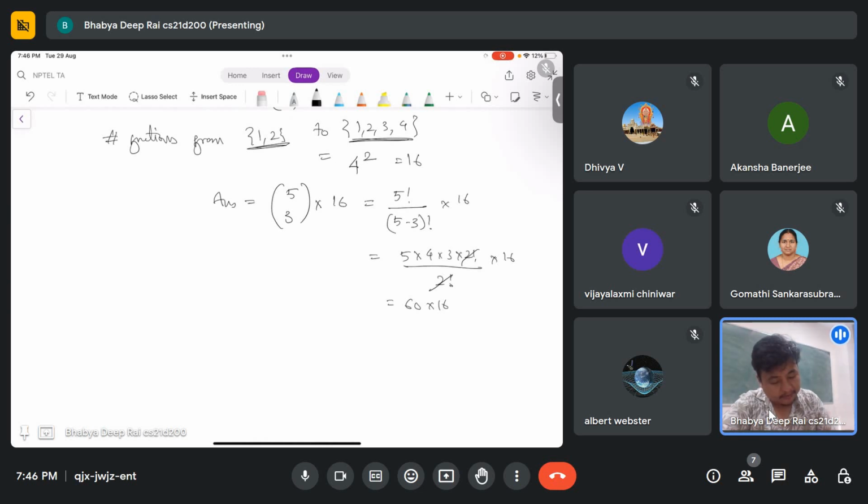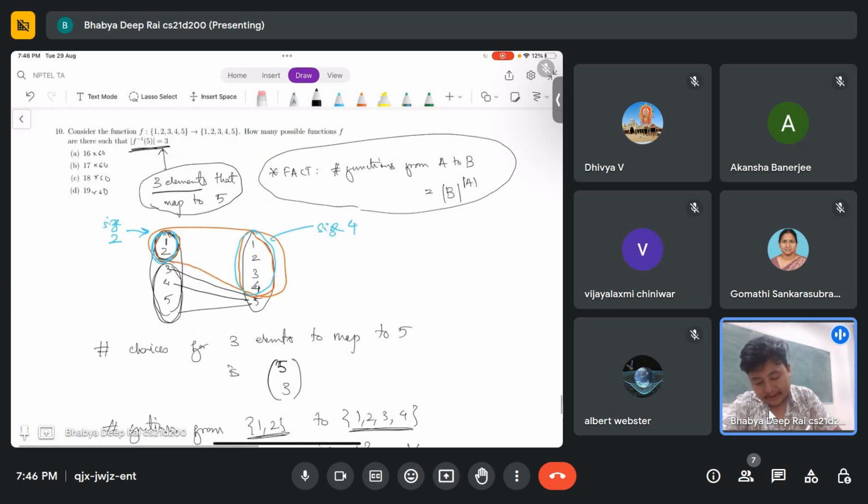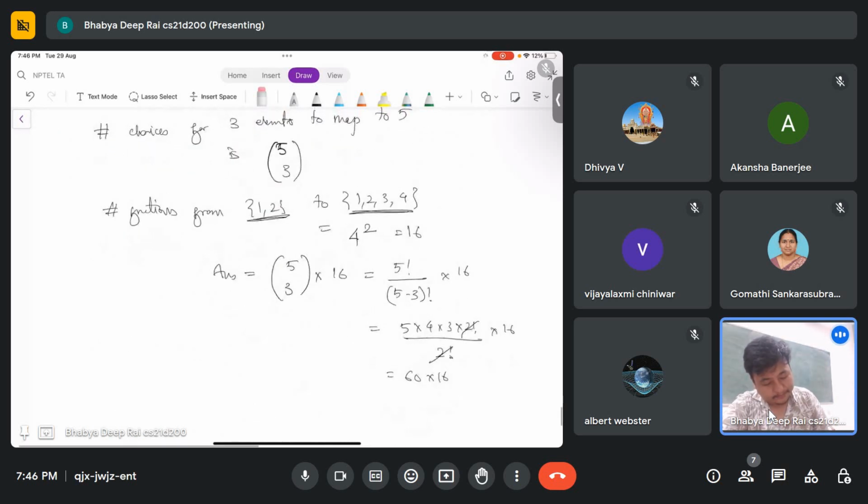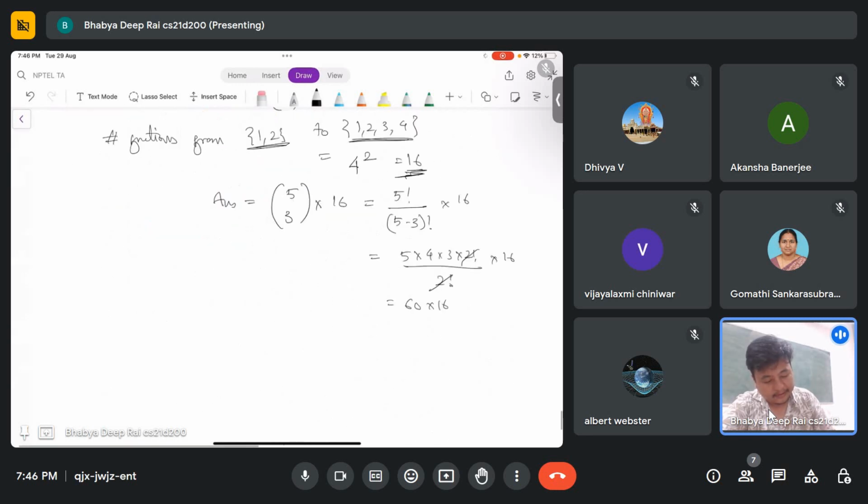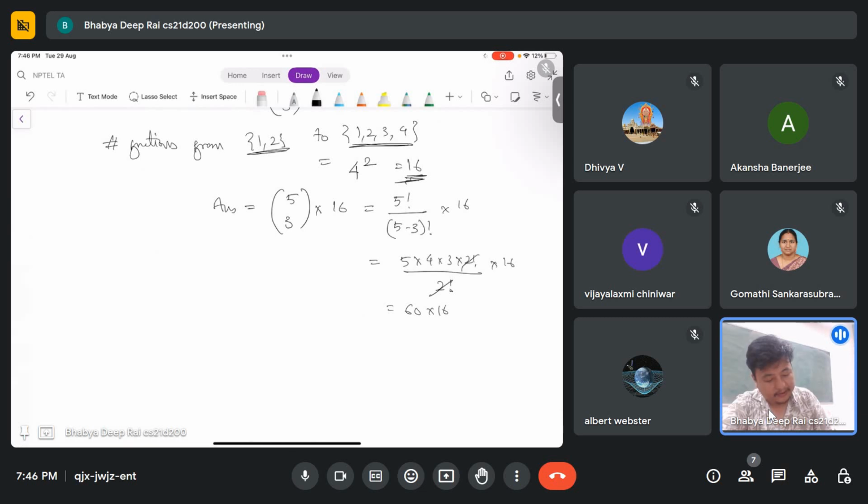There is some problem here. Should not be 60. This is 16, that is correct. Now here it should be 5 minus 3. 4 3s are 12, 12 times 5 is 60.